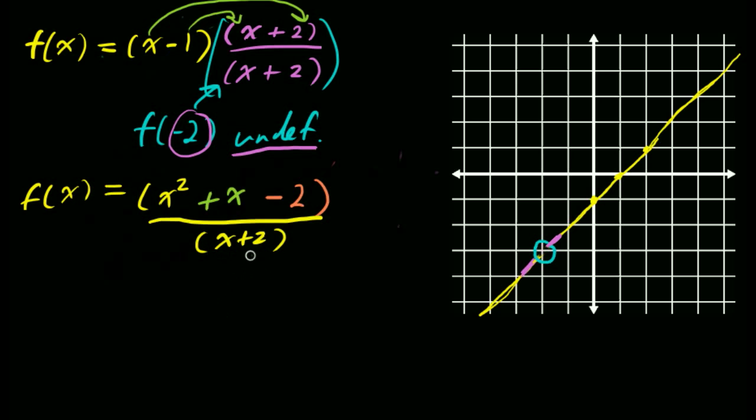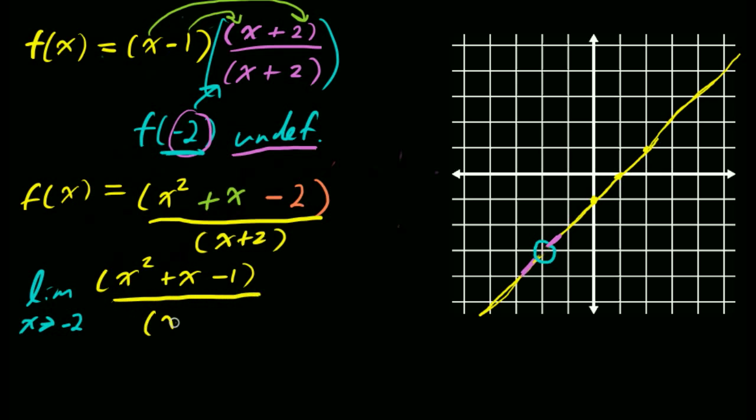So now let's say we were taking the limit of this function, and we were looking at the value where x approaches negative 2. So the limit as x approaches negative 2 of x squared plus x minus 1, all of that divided by x plus 2.